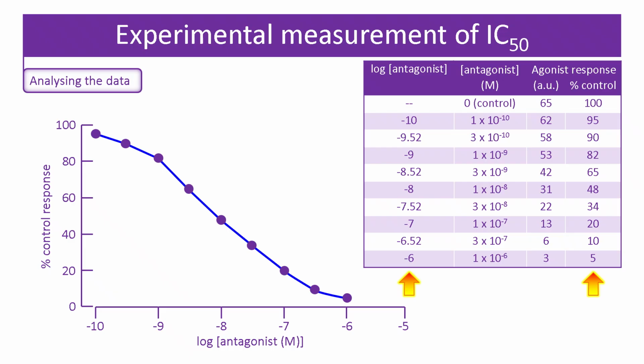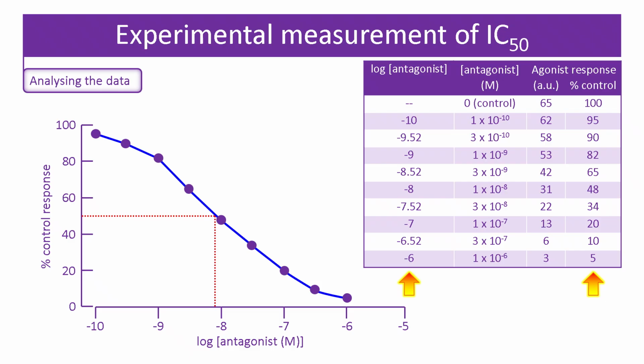Instead, the IC₅₀ can be estimated directly by interpolating between the points. A line is drawn from 50% response to the plot, and then down to the concentration axis to identify the value that produces 50% inhibition.